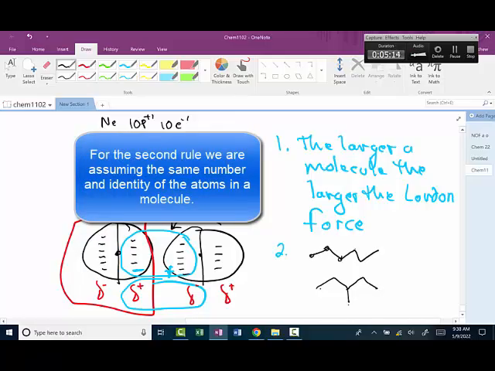We'll talk about these drawings later. The linear one would have more intermolecular forces. So the more linear they are, the stronger the intermolecular forces.